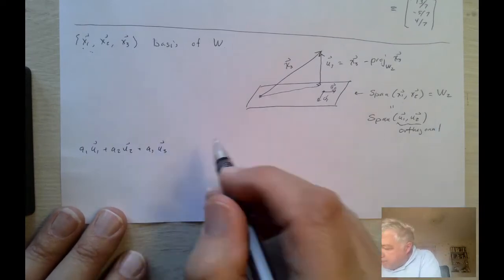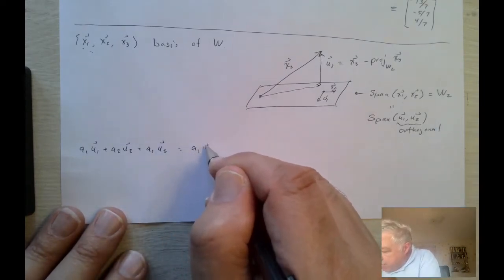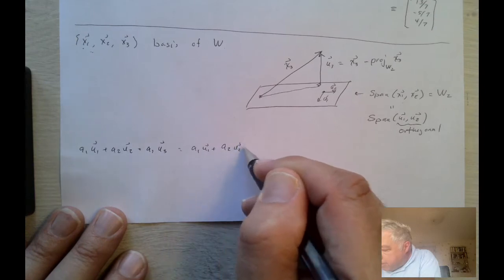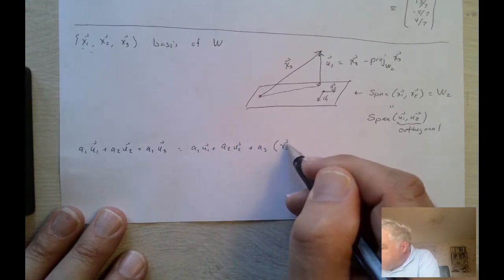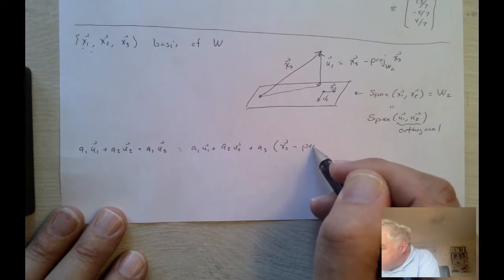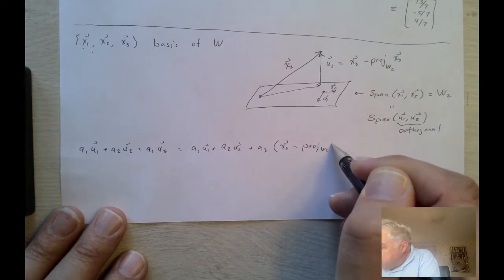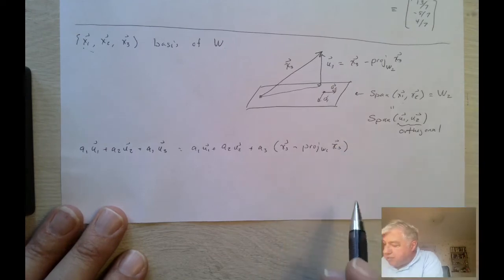Okay, so this will be a1 u1 plus a2 u2 plus a3 times u3, which is x3 minus the projection onto w2 of x3, the projection into the subspace w2.